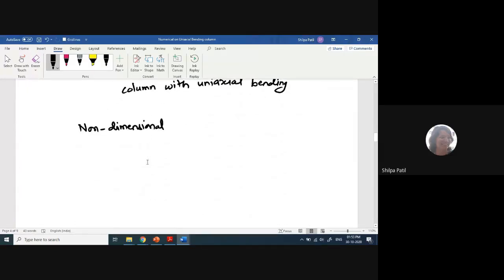Now let us find out the non-dimensional parameters. I'm going to extend the lecture by 10 minutes at least. What is the first non-dimensional parameter? It is small pu, equal to capital Pu divided by fck into B into D. Just put the values.